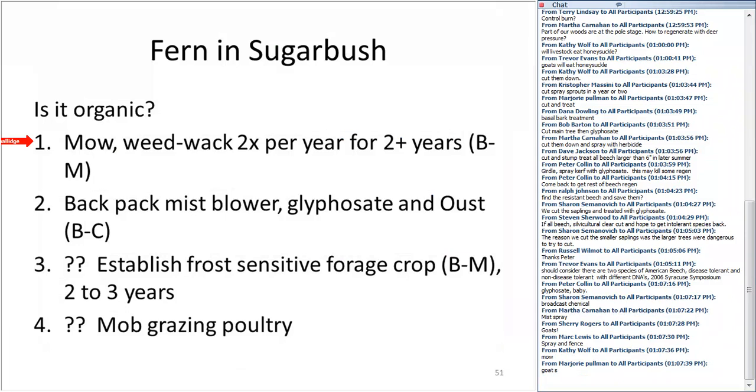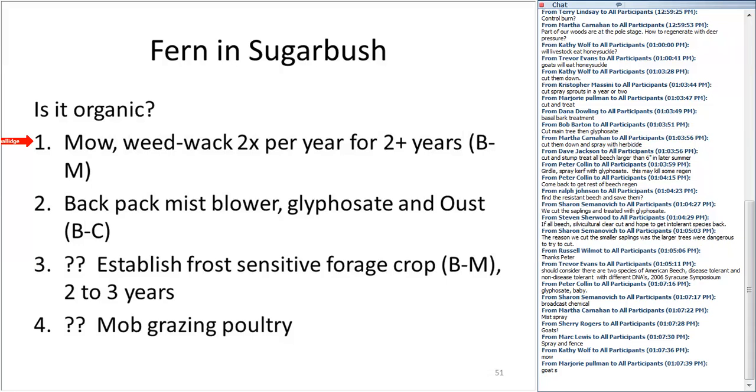So this is kind of a broadcast mechanical approach, and that had relatively poor success, something like 40% control a year later. So mechanical, organic is an option, but it involves a fairly high input of labor.